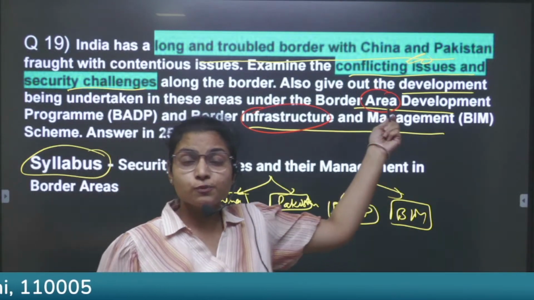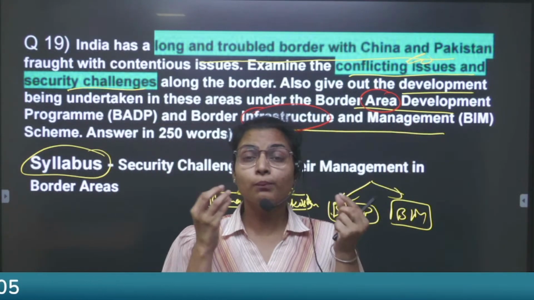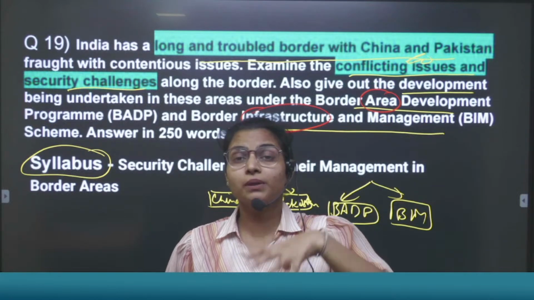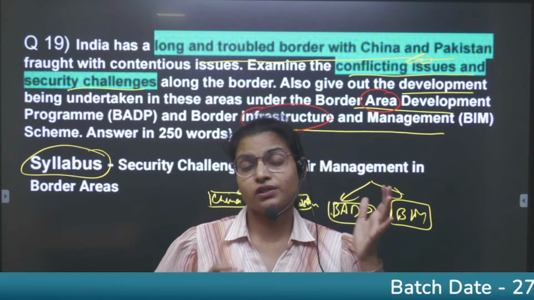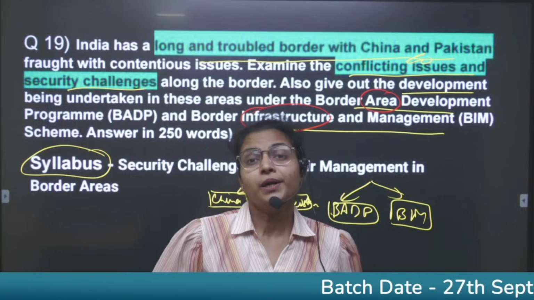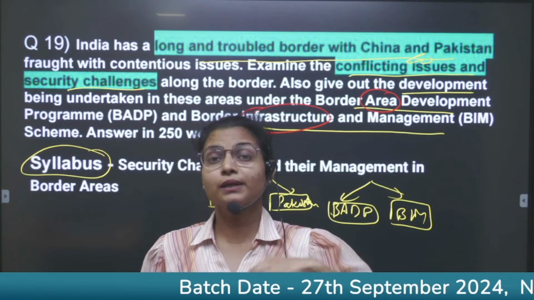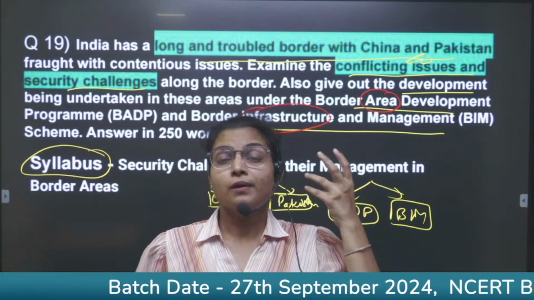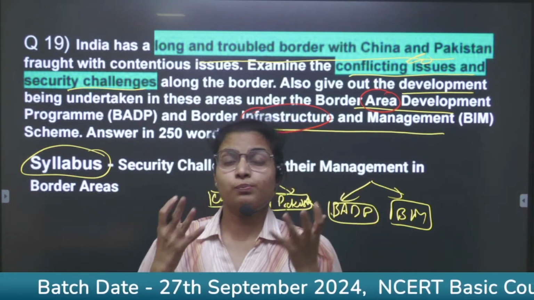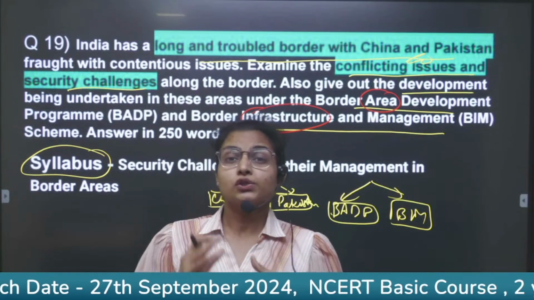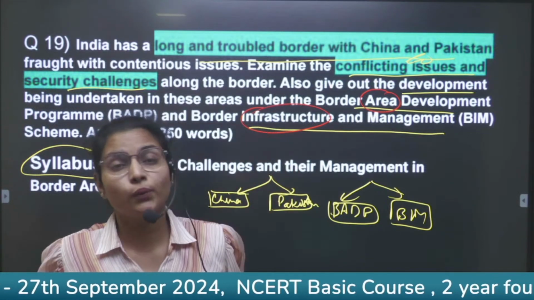So the first program is asking about border area development. So maybe we are building infrastructure in the border area, or maybe we are developing social indicators, like providing employment there, providing jobs to people, and the education sector. So these kinds of developments will be done in the border area.